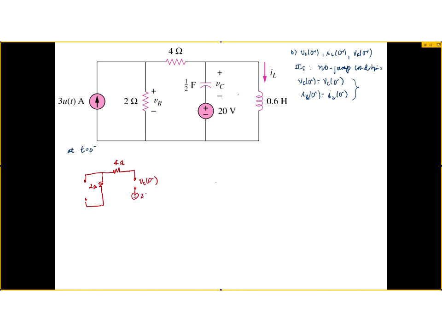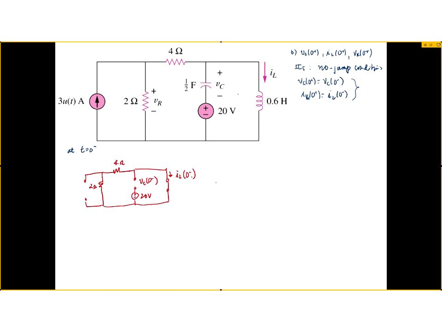And then here's our 20 volt source, and here's our inductor. Again, it's been in this condition for a long time, so steady state again, and we replace the inductor with a short, so whatever that current is through that inductor is IL 0 minus.